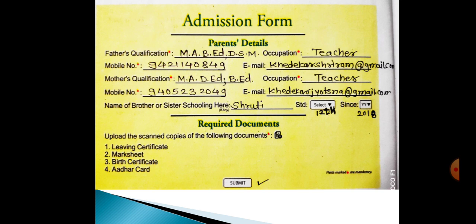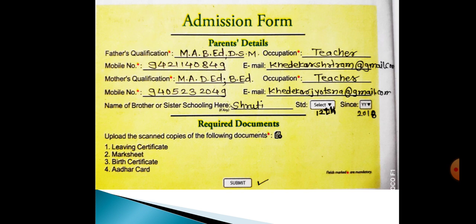Before you click on the submit button, first you read carefully all the information you mention here or write here, and if all the information is correct, then last you click on the submit button. In this way you fill your online form.